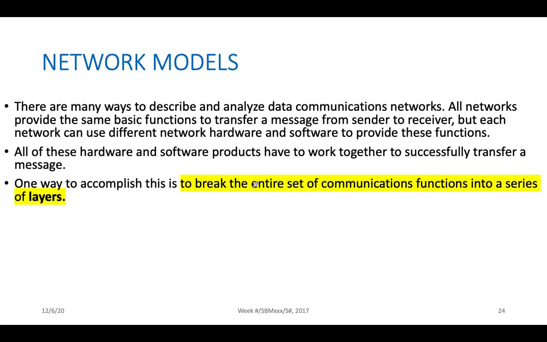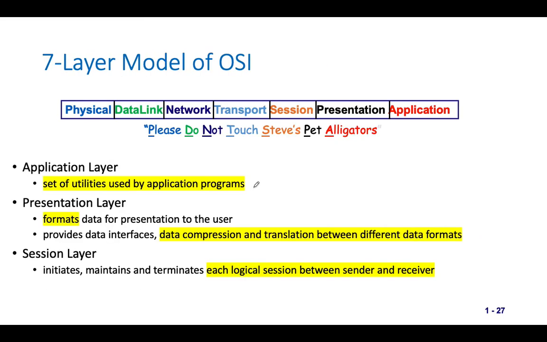What's exactly in each layer? Each layer has functions, and that's what I recommend you focus on. What's in the application layer? I'm going to try to email you a page, a Word document, which summarizes the functions, services, and protocols for each layer.